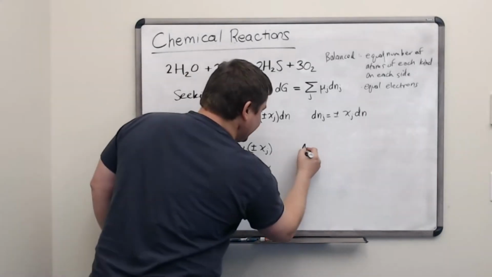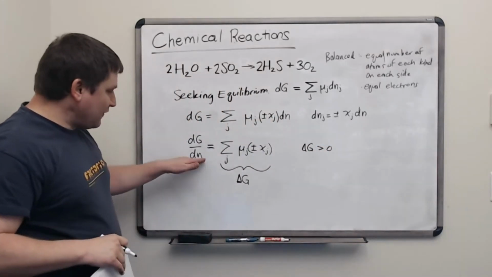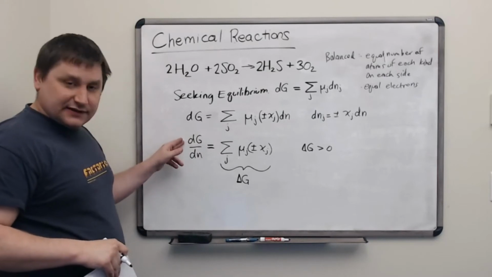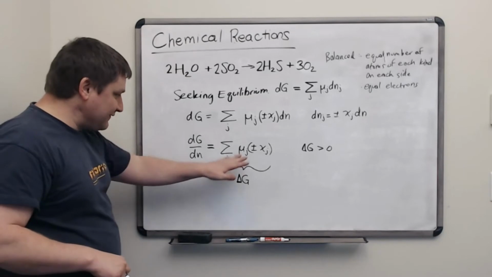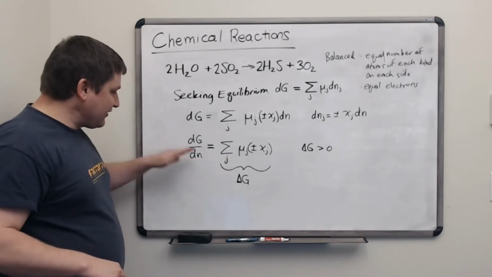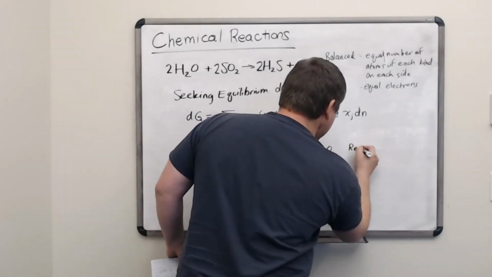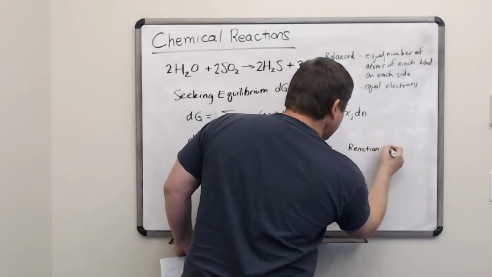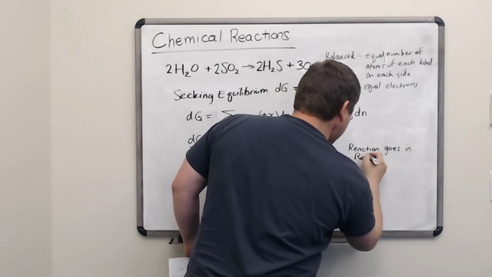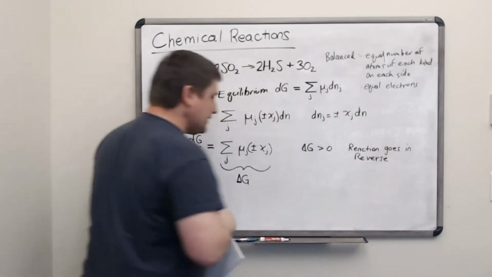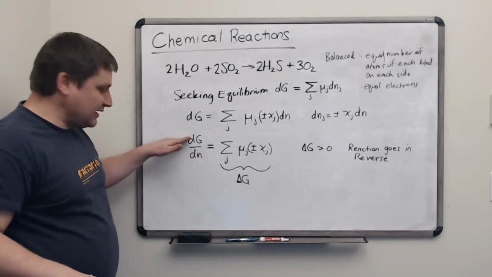And if the delta G value is positive, then performing one reaction increases the Gibbs free energy, right? This is the dG/dN. So if this side is positive, then doing one reaction means G goes up. So if delta G is positive, then the reaction must have a negative dN to decrease the Gibbs free energy.